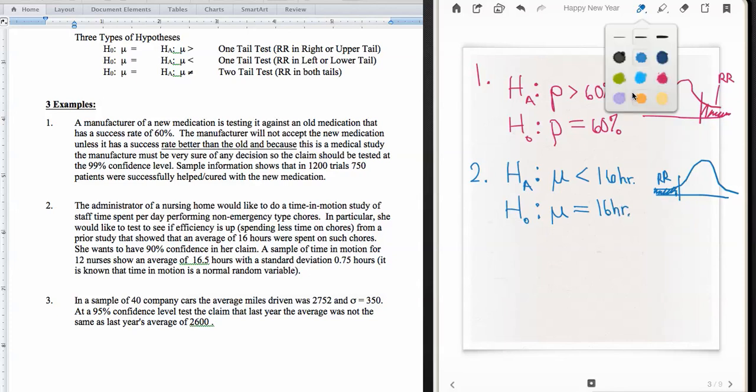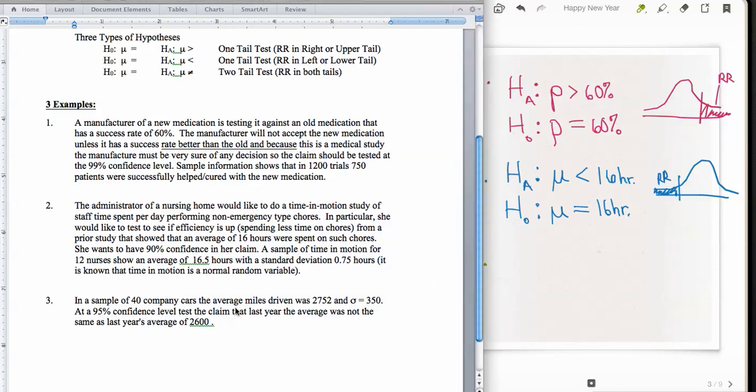All right, finally, let's go down and let's look at number 3 here. And number 3 says, in a sample of 40 company cars, the average miles driven was 2,752, with a standard deviation of 350. At 95% confidence level, test the claim. So here's the claim.